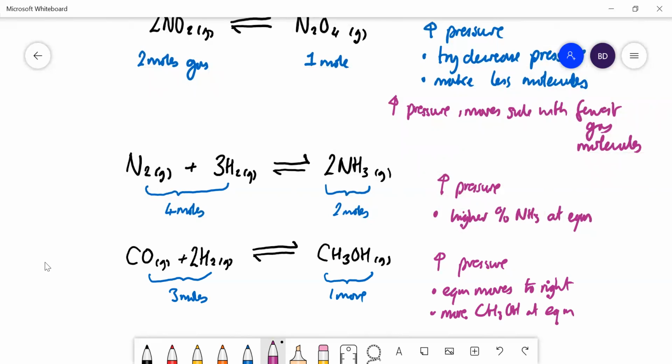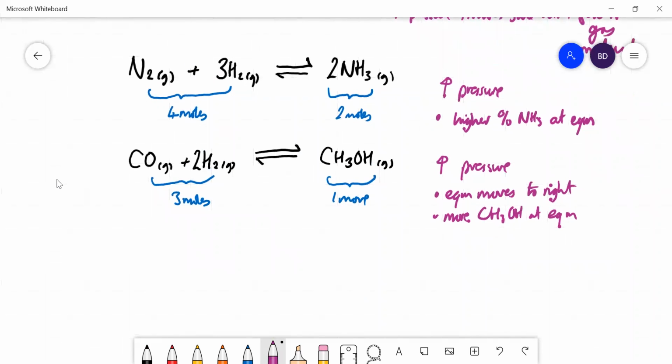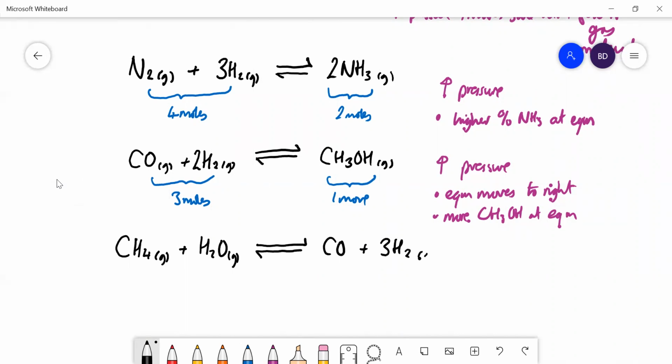Let's do one more: the reaction between methane gas and steam, H2O gas. This is how hydrogen is made. That's an equilibrium reaction, and you get carbon monoxide and 3 moles of hydrogen. This time we have 1 mole of methane and 1 mole of water on the left-hand side, so that's 2 moles of gas altogether, whereas on the right-hand side we have 1 mole of carbon monoxide and 3 moles of hydrogen, so 4 moles.